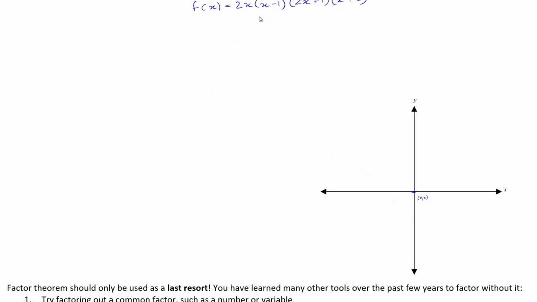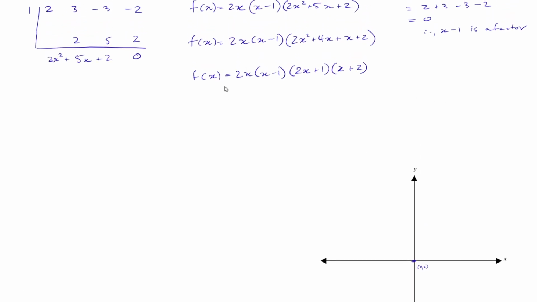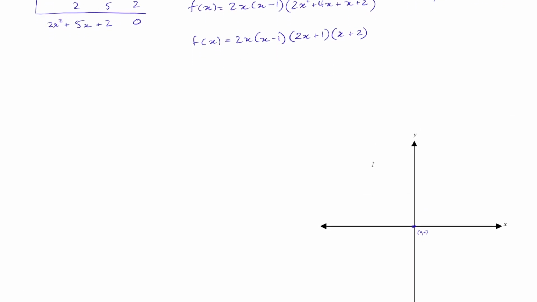We also have a 0 at 1, so I have another 0 at 1, 0. And then we have a 0 at negative 1/2. Okay, so let's go right here. We'll say that's negative 1/2, 0. And then we also have a 0 at negative 2.